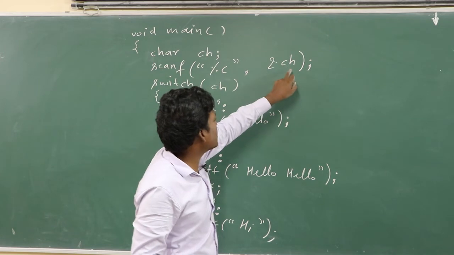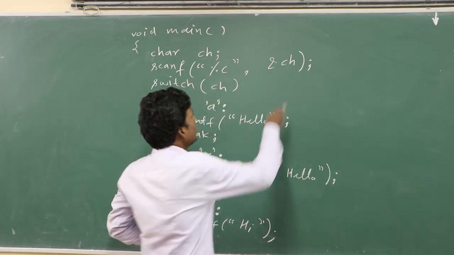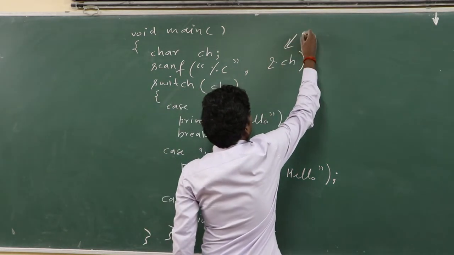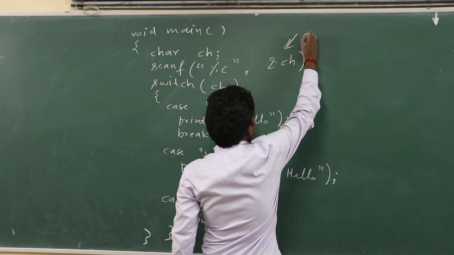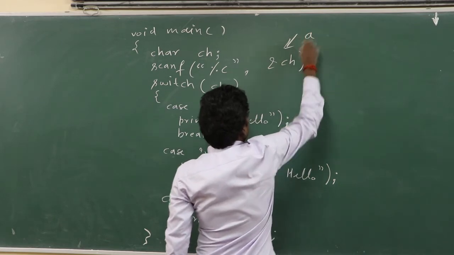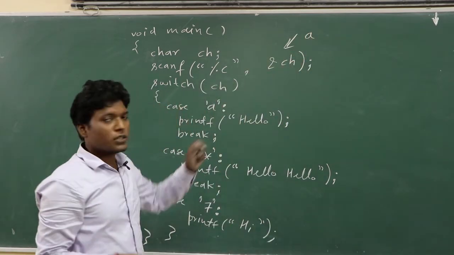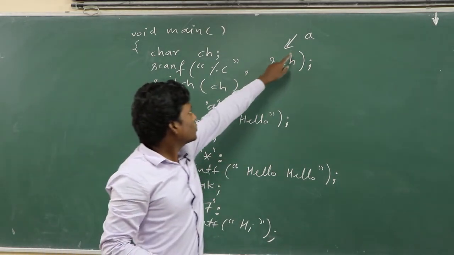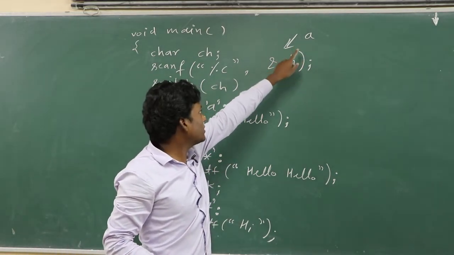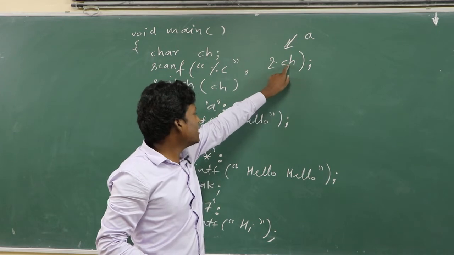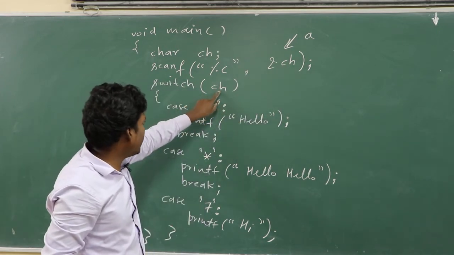%c &ch. Here the user inputs the character constant through the keyboard. Suppose the user inputs A. So A is a character constant, inputted in ch.